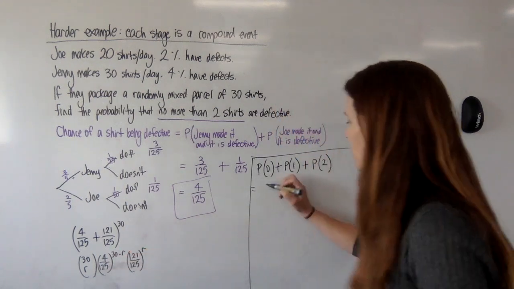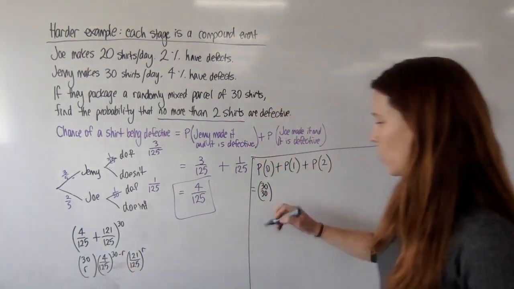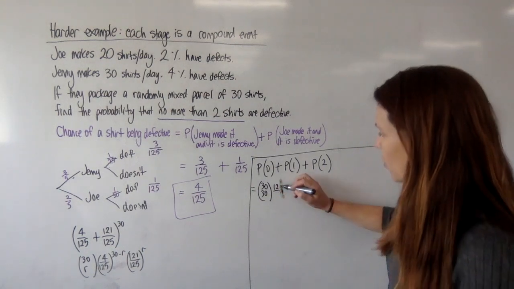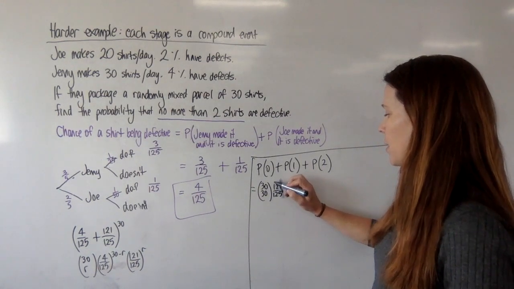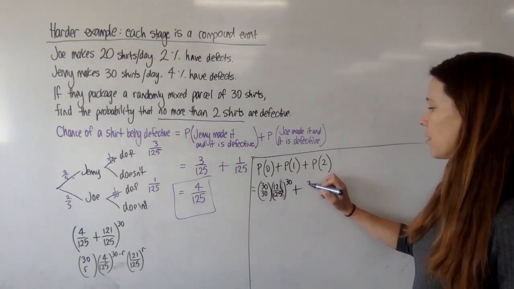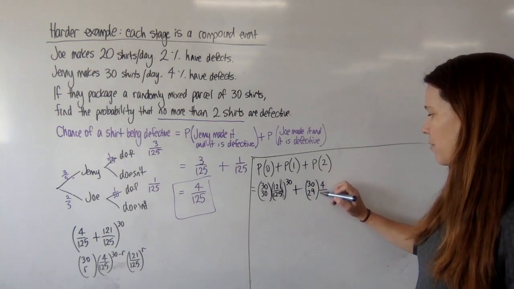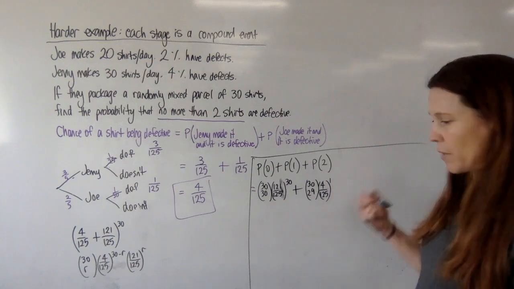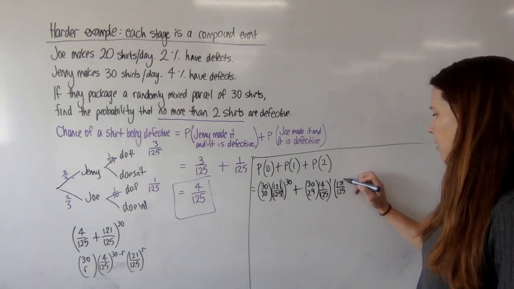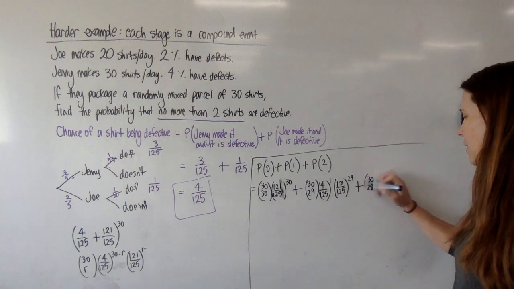So we need 30 choose 30, and this term will be just 1, so we need 121/125ths raised to the power of 30, so we want all the shirts to be good, plus 30 choose 29, where we have 1 defect, so that's the chance of a defect raised to the power of 1, and we raise the other thing to 29, plus 30 choose 28.